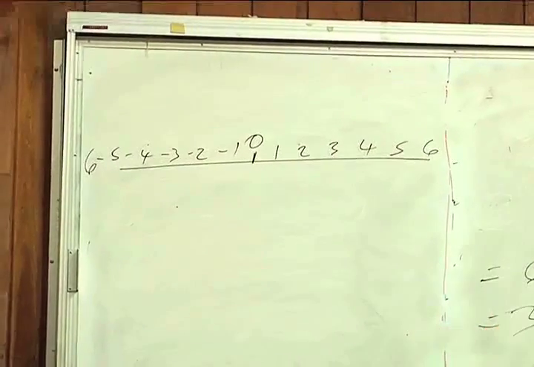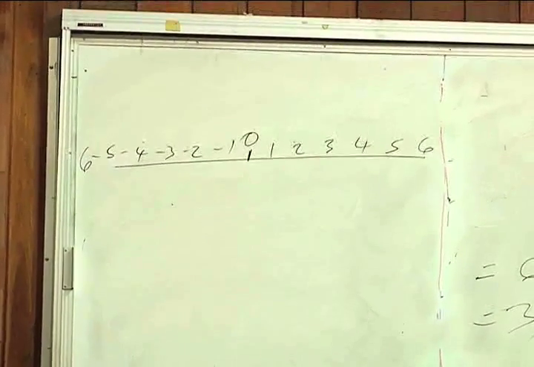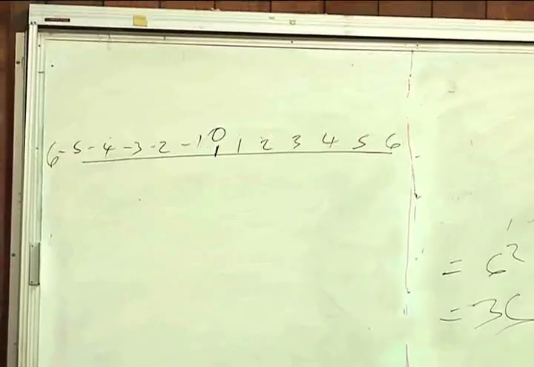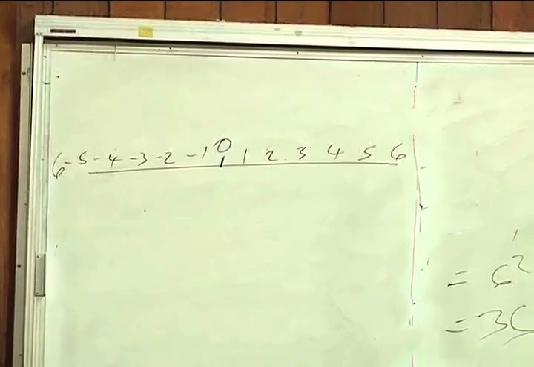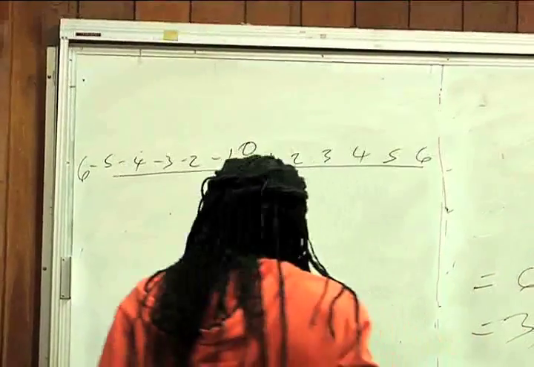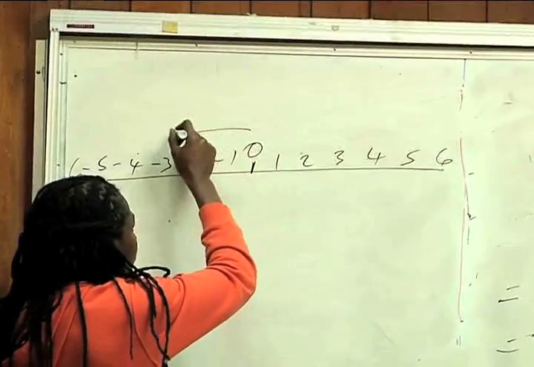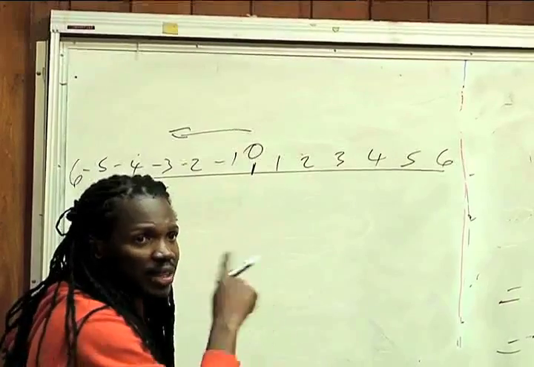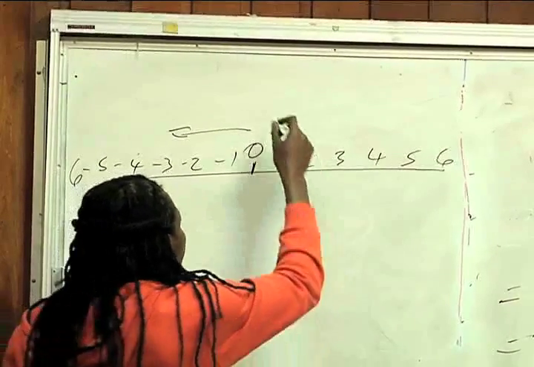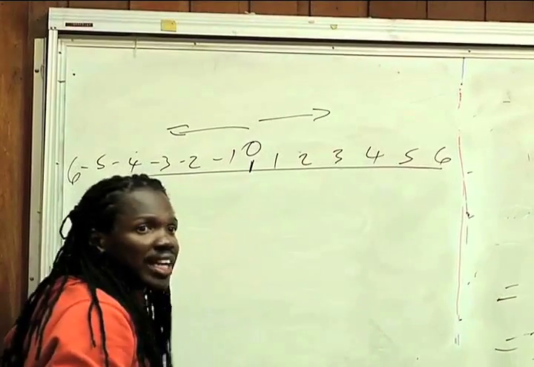What happens on this number line is that the direction of the number is given by the sign before the number. If it says minus, you go that way. If it says plus, you go that way.